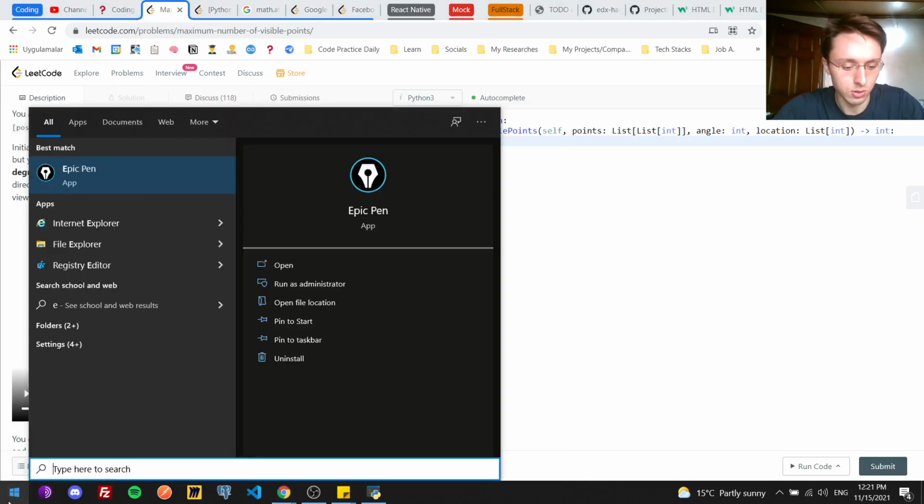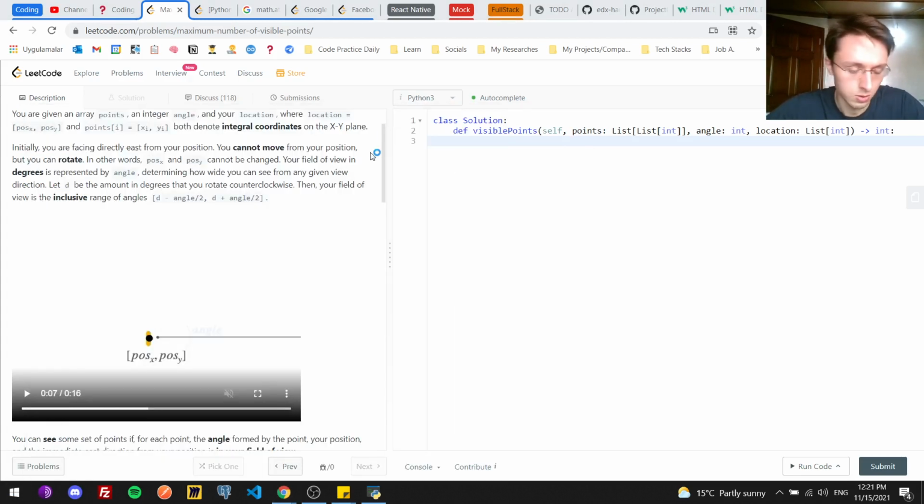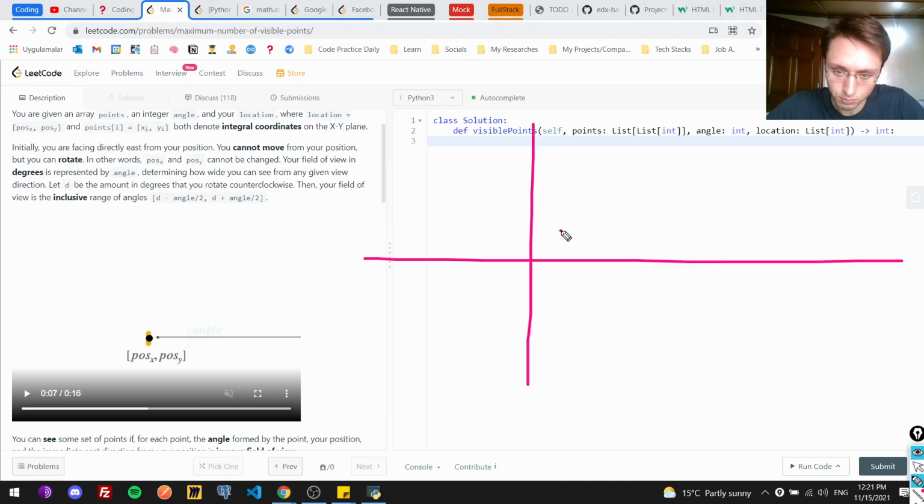Okay, I have to draw this. From the current location, I have to calculate the angle. So if I'm at 1 1, and then I have something here, like 3 2, right?